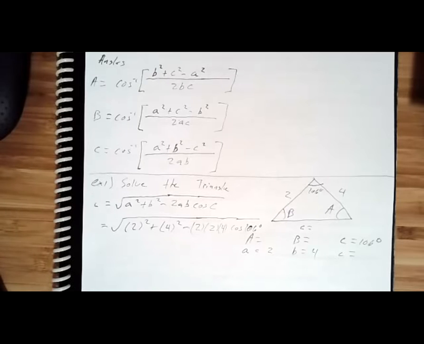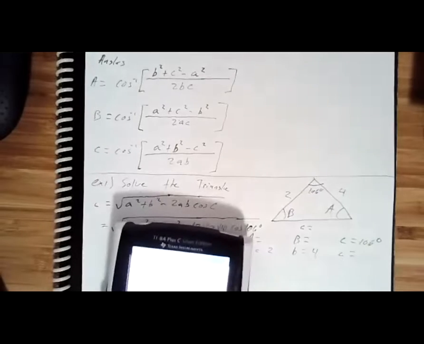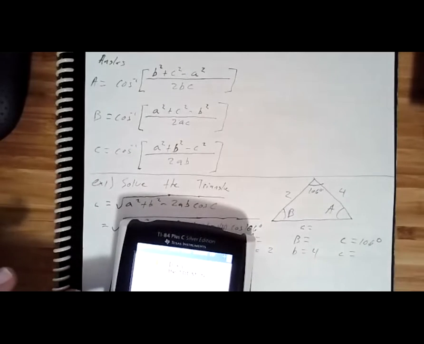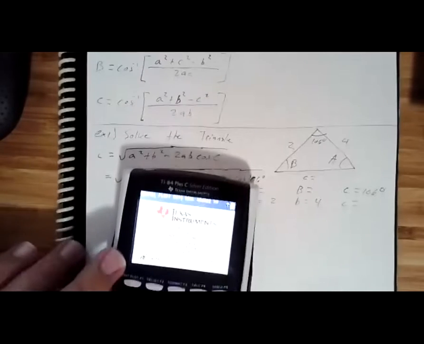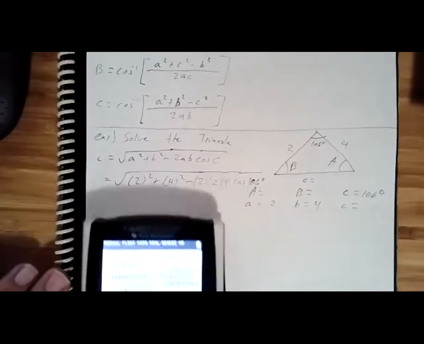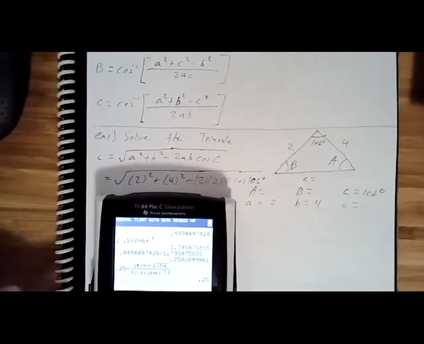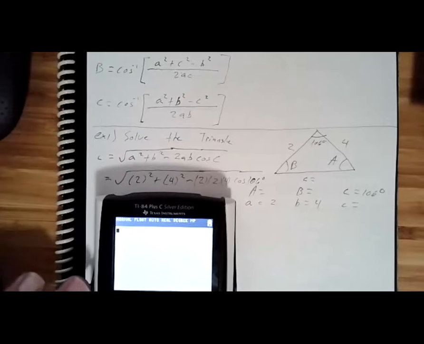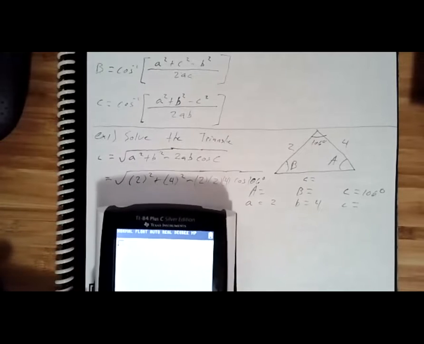Okay. Square root of 2 squared plus 4 squared minus 2 times 2 times 4 cosine 106.